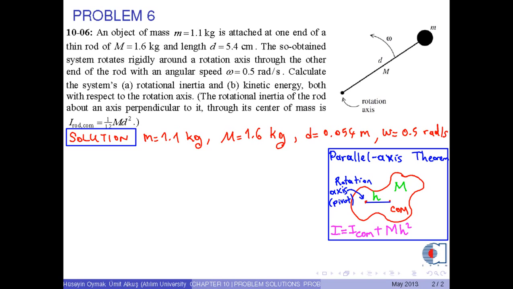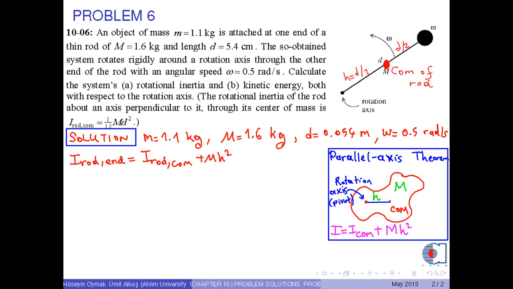Therefore, the rotational inertia of the rod with respect to the rotation axis is found by this formula, where subscript n represents the rotation axis and subscript com represents the center of mass. Here h is the perpendicular distance from the center of mass of the rod to the rotation axis.